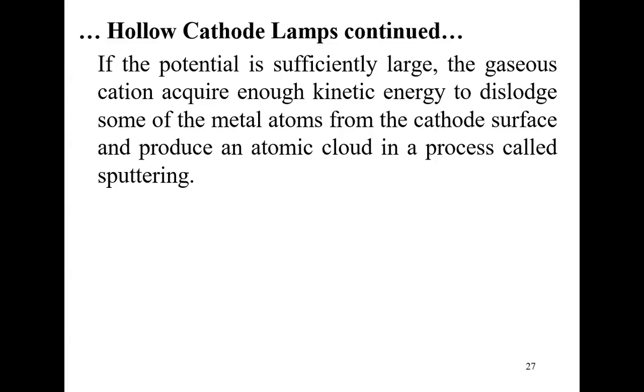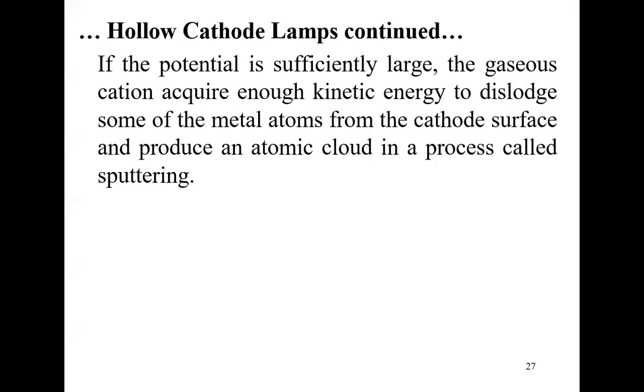Remember what we are dealing with here. The hollow cathode lamp is made up of the element of interest, all right? So why do we need the argon within the tube? You need argon to provide you with argon cations, Ar plus cations.